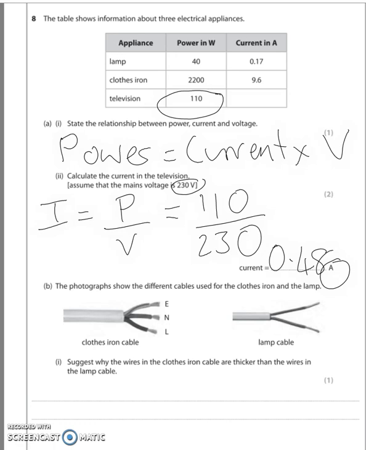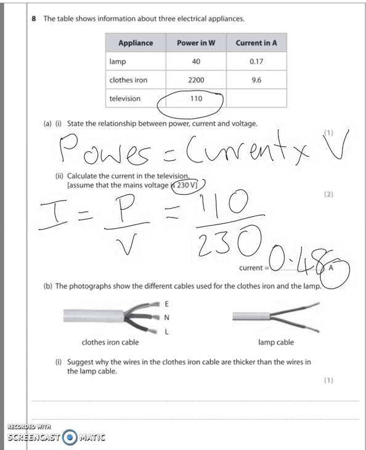Part B. Photographs show the different cables used for the clothes iron and for the lamp. You'll notice that there's a couple of differences. The iron cable has 3 wires, the lamp cable only has 2. The first question asks, suggest why the wires in the iron cable are thicker than the wires in the lamp cable. The easiest and hopefully the most obvious answer is that for the clothes iron, there is a higher current flowing through the wires, so they need to be thicker.